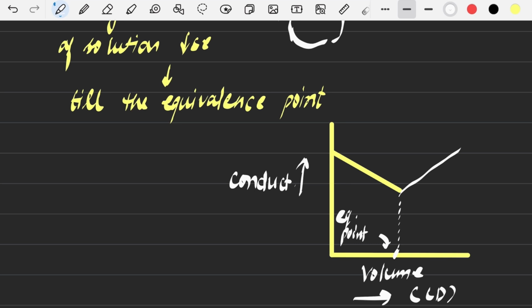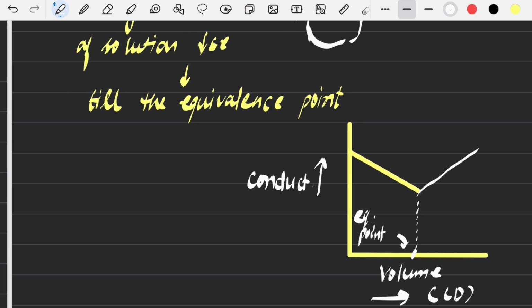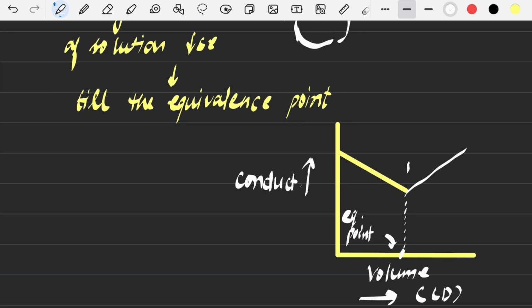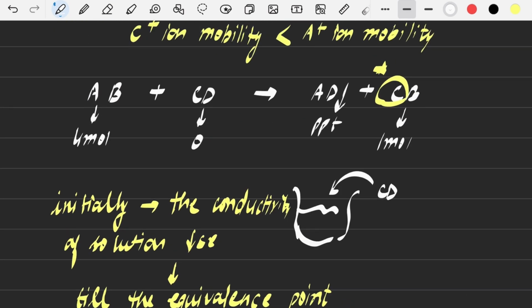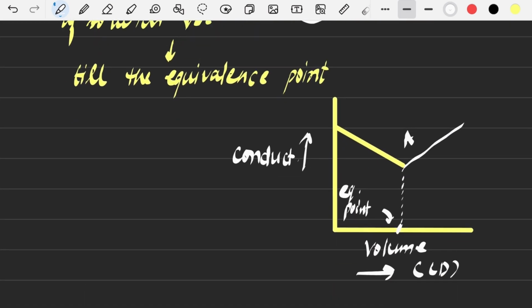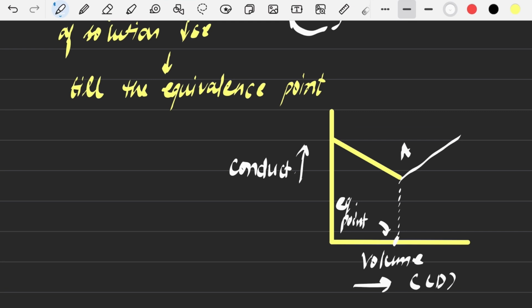Here the graphical representation will be based on the solution content. What was the solution content initially? CB. So I will draw my graph properly like this.